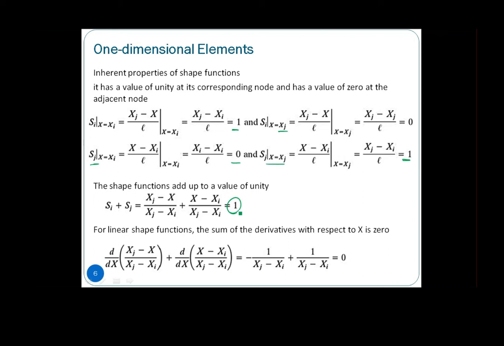So if the shape functions Si plus Sj is 1, then the derivatives, dSi/dx plus dSj/dx, have to be equal to 0. So this is its characteristics.